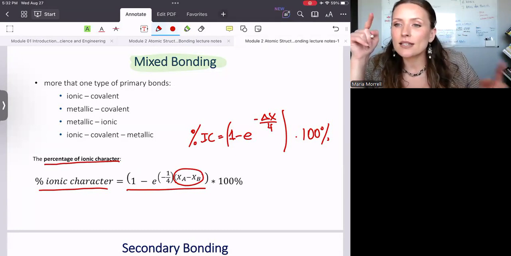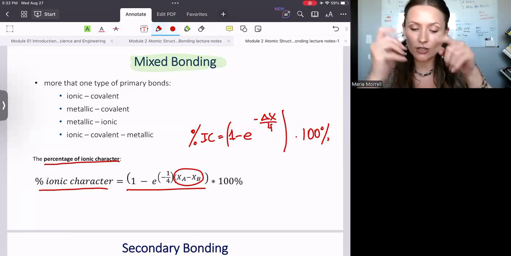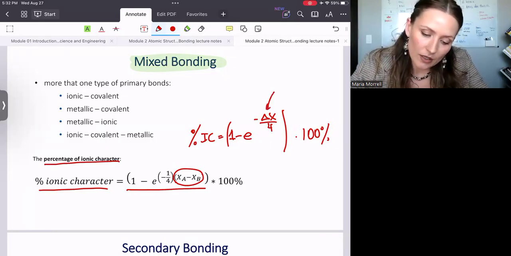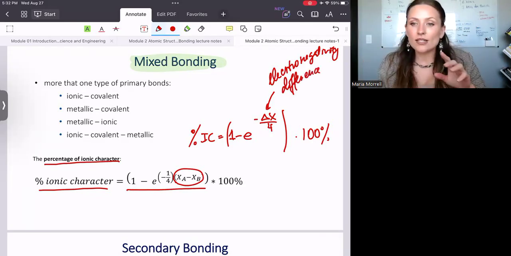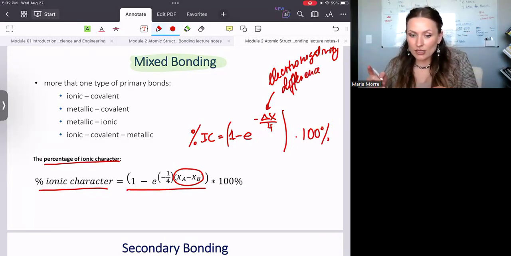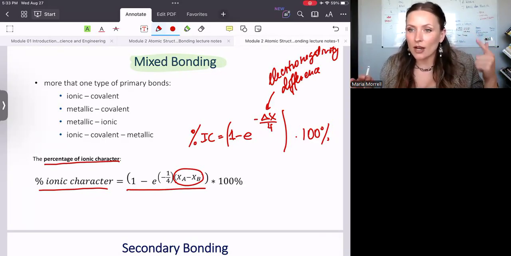The delta x is the difference. X here is electronegativity. It's the difference in the electronegativity, okay? And you can imagine just looking at this equation that the larger the electronegativity difference, the higher the percent ionic character.